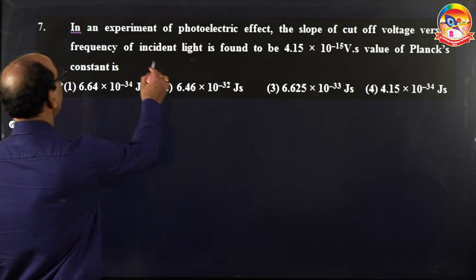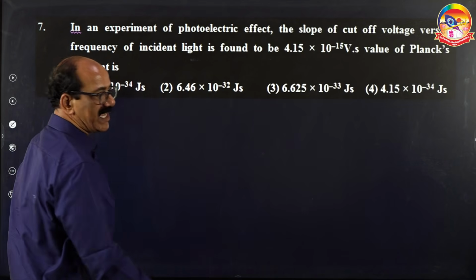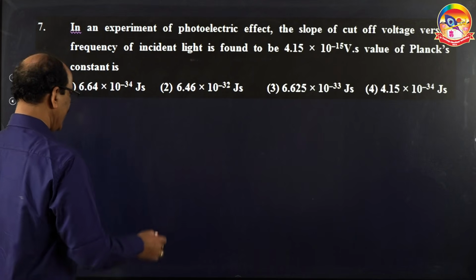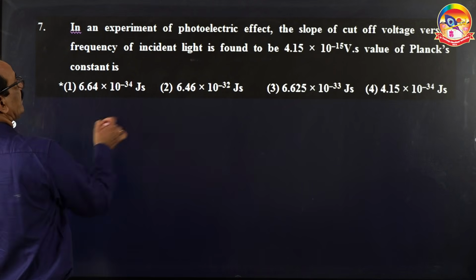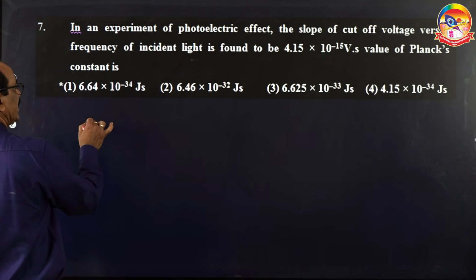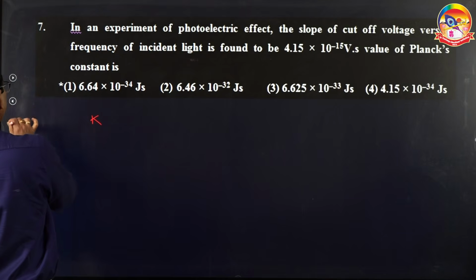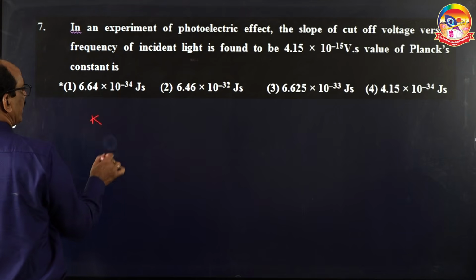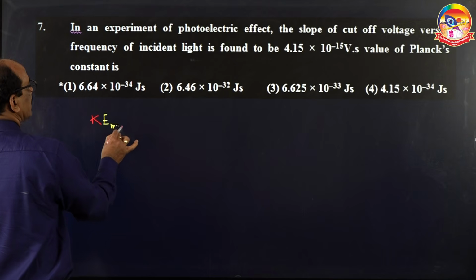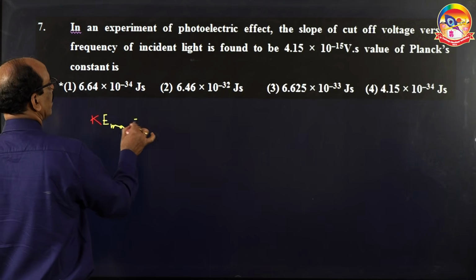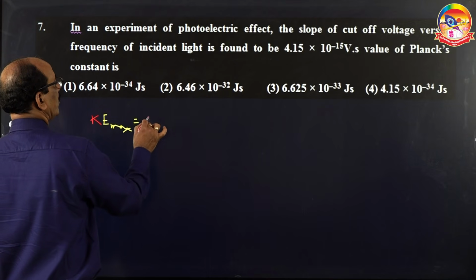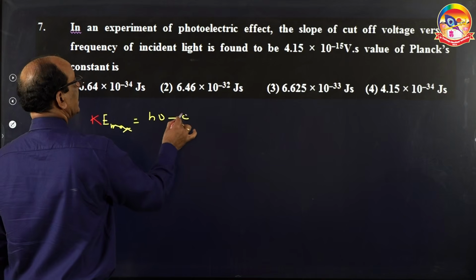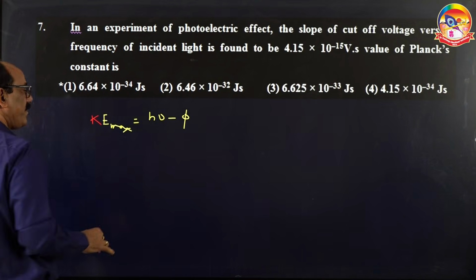So we know that cutoff voltage or stopping voltage and the frequency of the radiation, that is again the maximum kinetic energy of the photoelectron according to Einstein's photoelectric equation. So maximum kinetic energy of the photoelectrons is equal to h nu minus work function, okay.